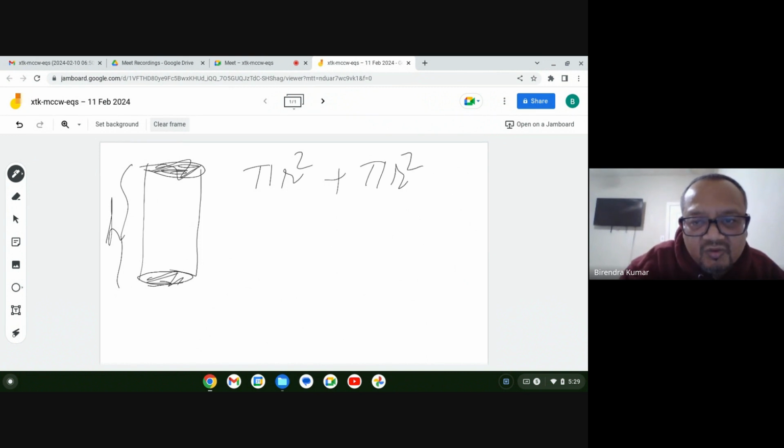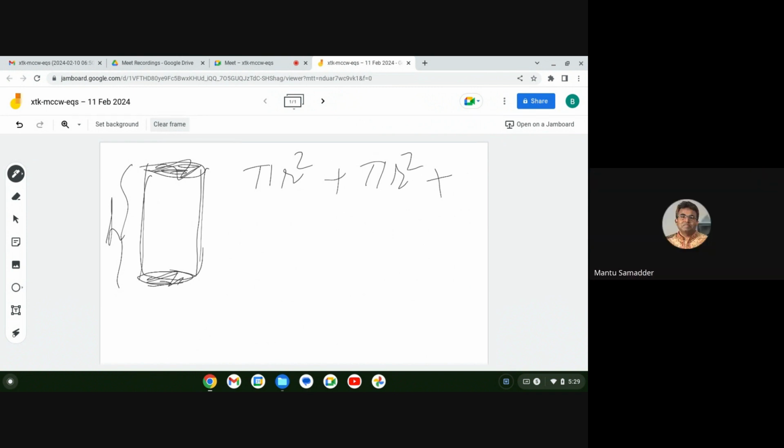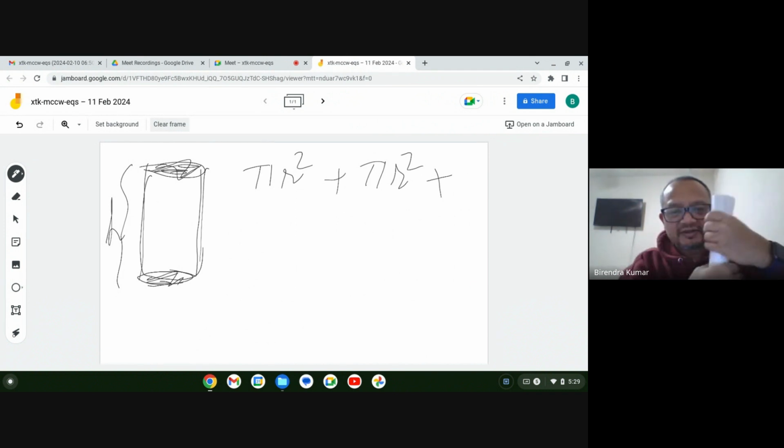What you don't know is this curve portion of it. Look at this circle. What is the perimeter? This is the boundary. What did I do?